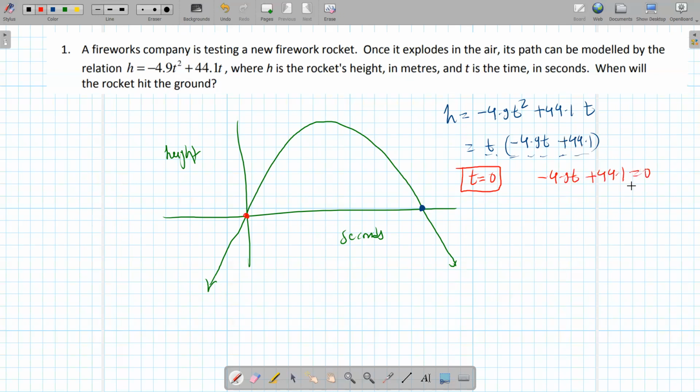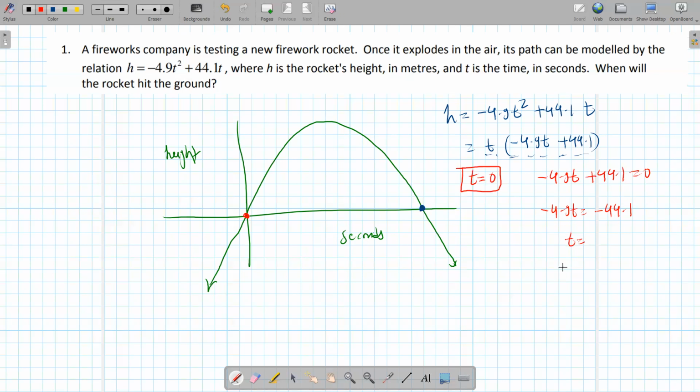How do you solve that expression for t? You subtract 44.1. And then you divide by minus 4.9.